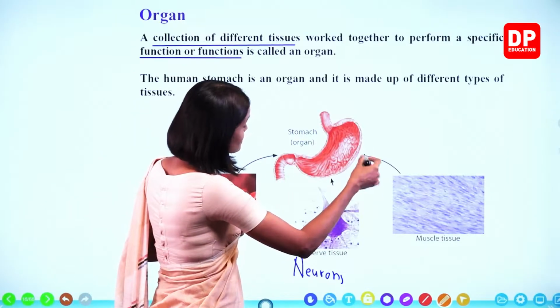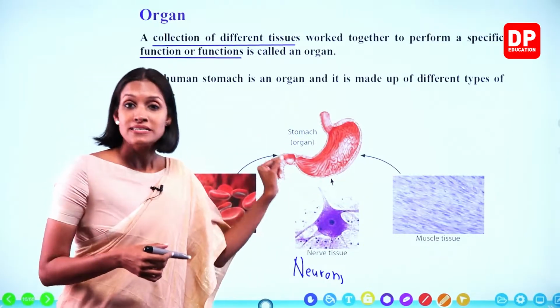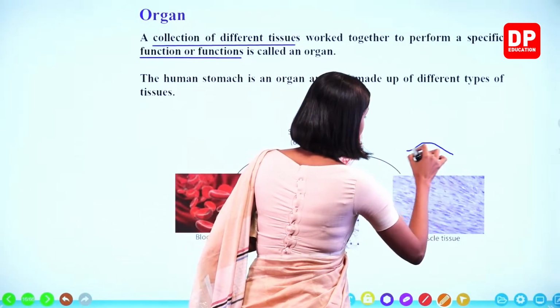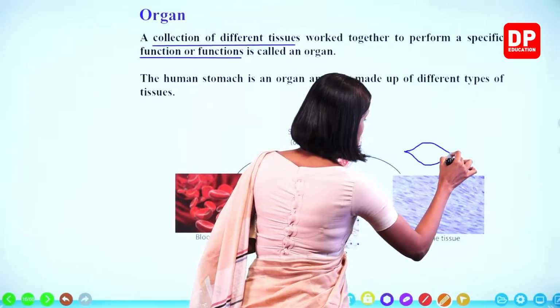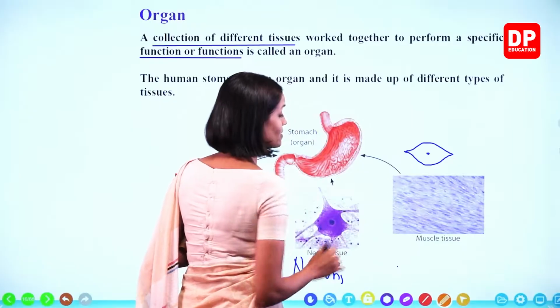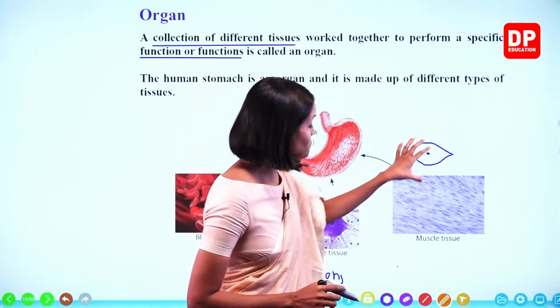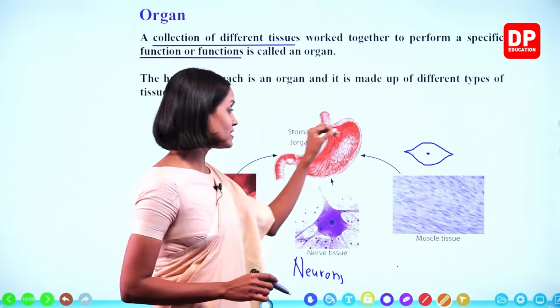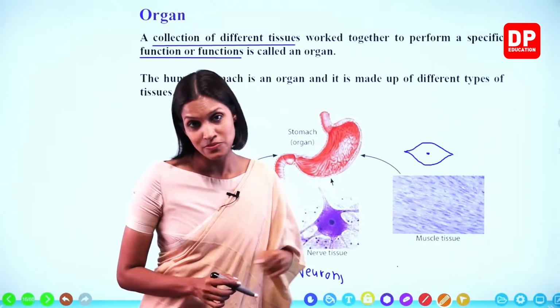Now smooth muscles are made up of muscle cells. These cells look like this. The shape of the cell is like this, with the nucleus in the middle, right? By combining these types of cells, the muscle tissue in the stomach and all the other parts of the digestive system is made.